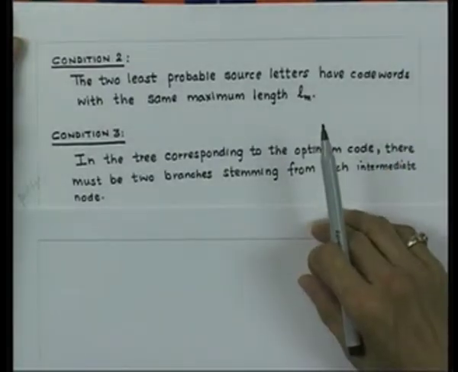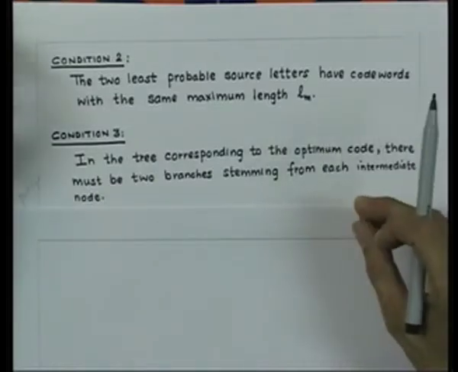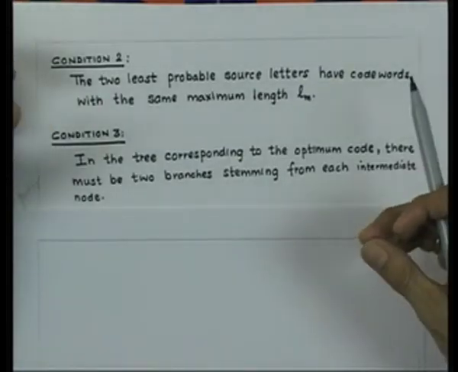If this condition was not true, meaning there was any intermediate node with only one branch coming from it, then we can always remove that branch or compress it without affecting the decipherability of the code, and in the process reduce its average length. So, this condition also has to be satisfied by an optimal code.